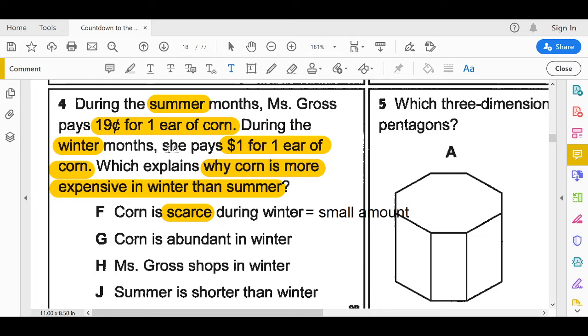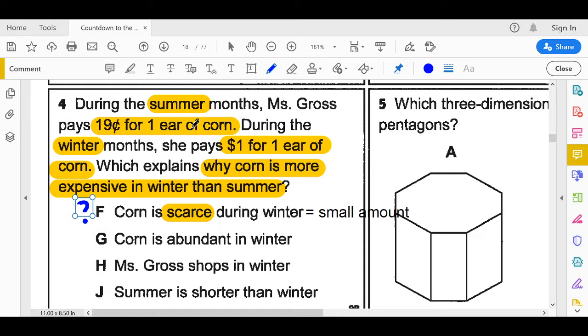Letter F, so that might be the option, but I'm going to put a question mark here. There isn't much corn during winter because the weather is colder and then it's harder to have it in the fields, okay?